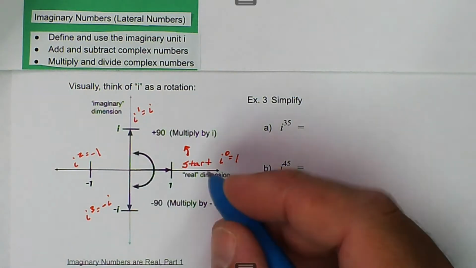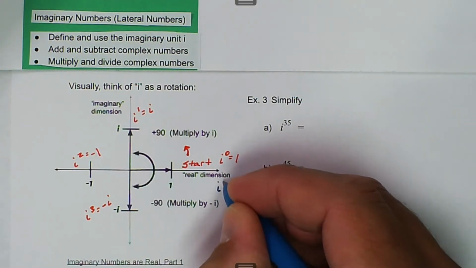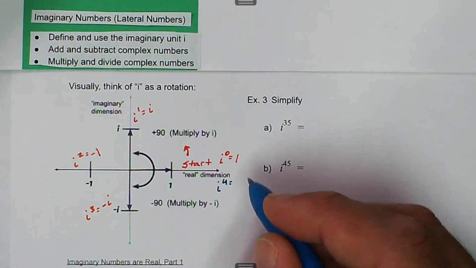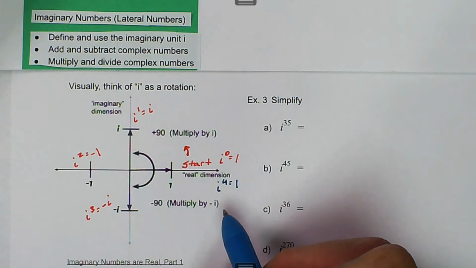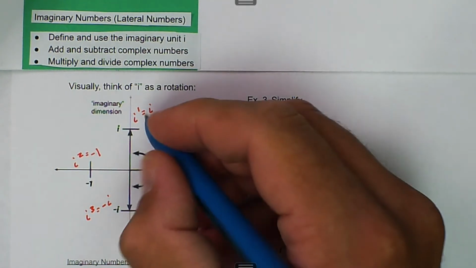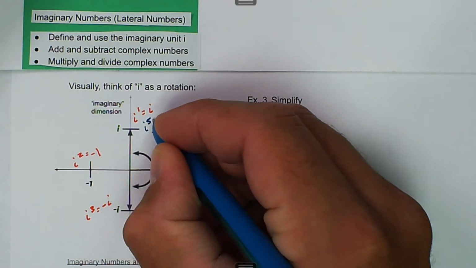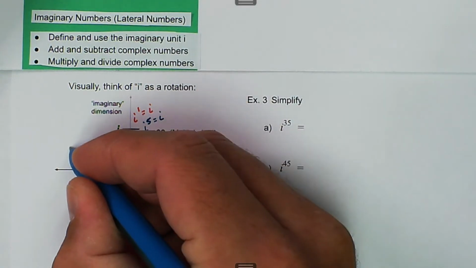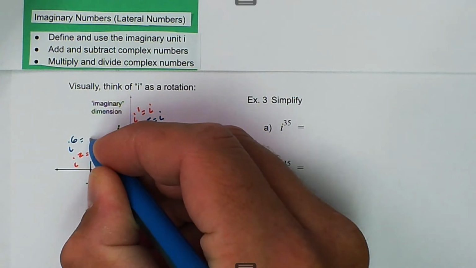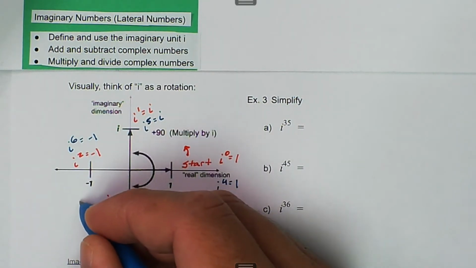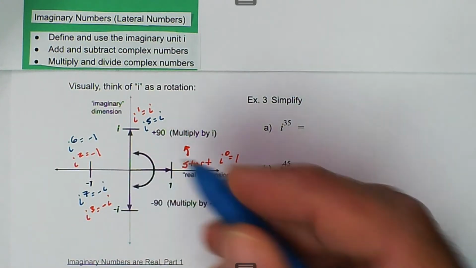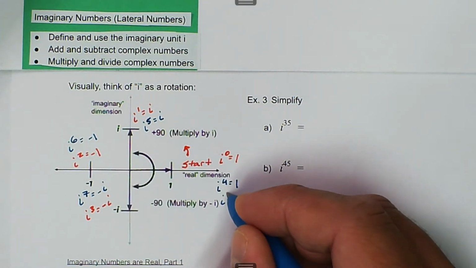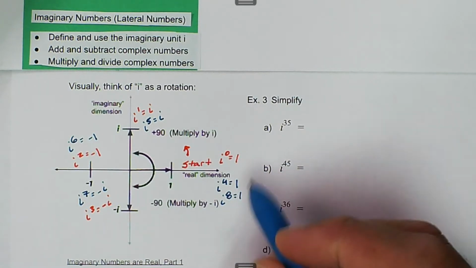And then we're back to the start again, or back to repeating itself. So now we are on i to the fourth equal to 1 again, or i squared times i squared. Then we just keep going. i to the fifth is equal to i, i to the sixth is equal to -1, i to the seventh is equal to -i, and i to the eighth is equal to 1.